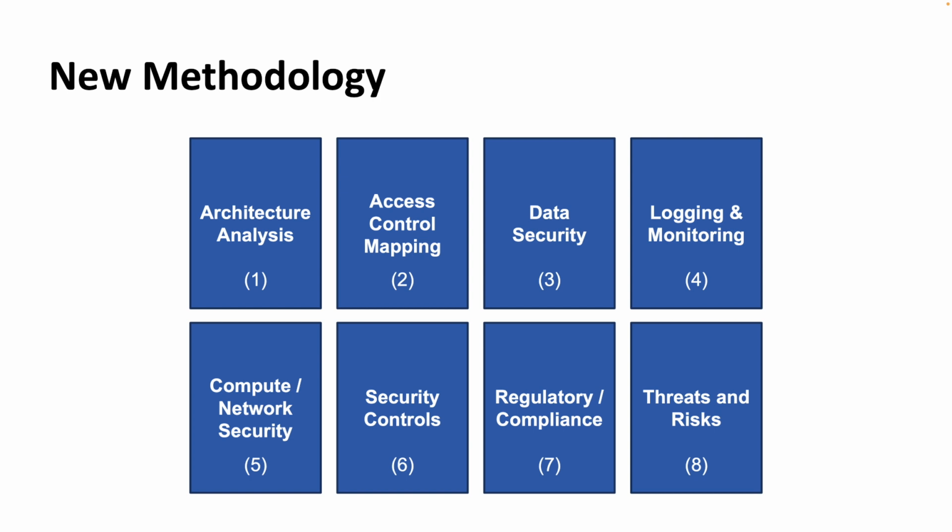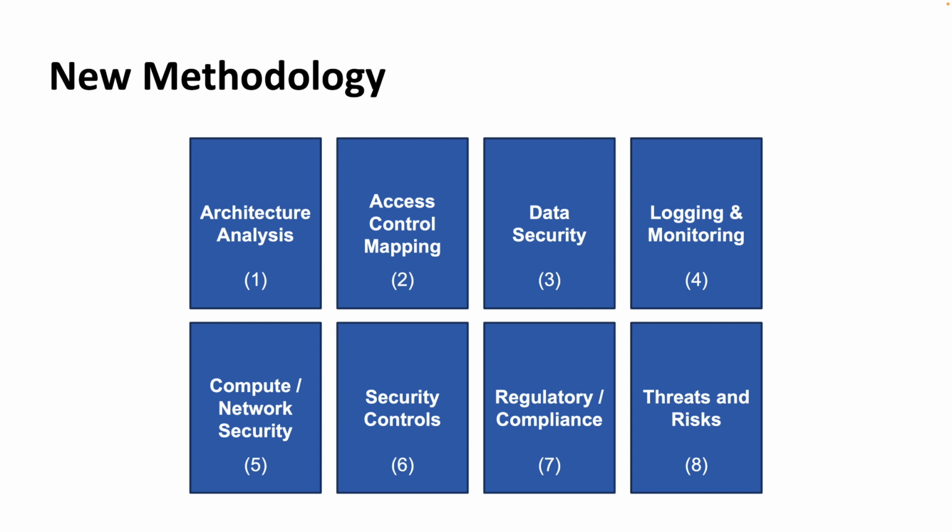Now, I wanted to take the time to illustrate a new methodology to conduct a threat model. This methodology will use, as the first step, an architecture analysis; the second step, an access control mapping; the third step, data security. We will also highlight what is related to logging and monitoring, and what is related to compute and network security.